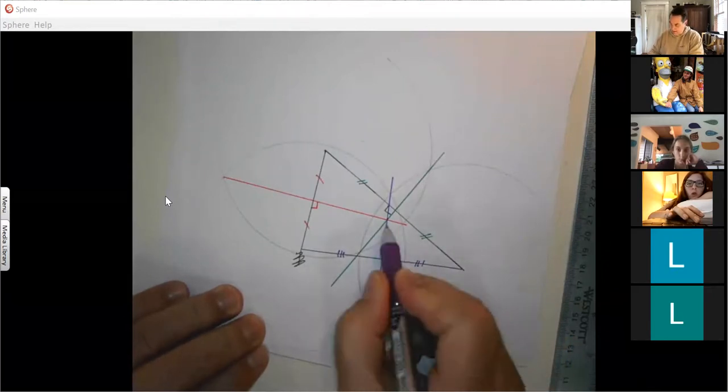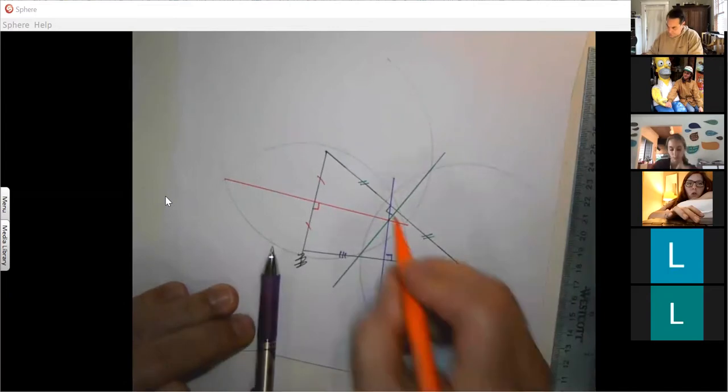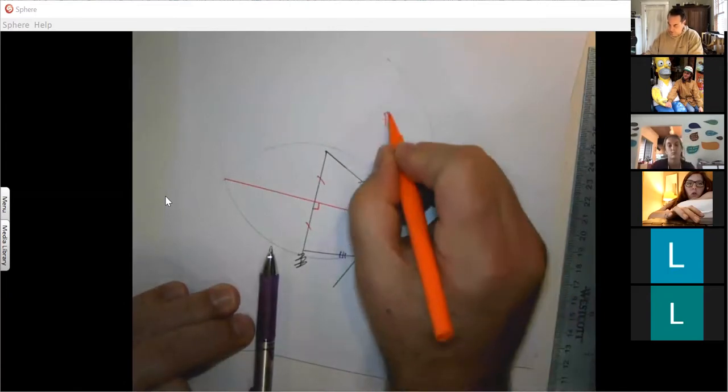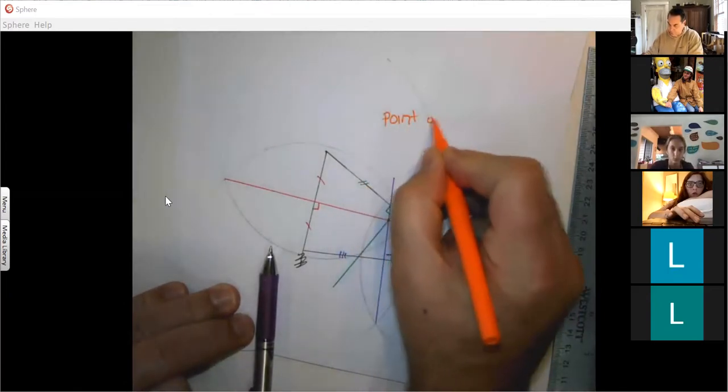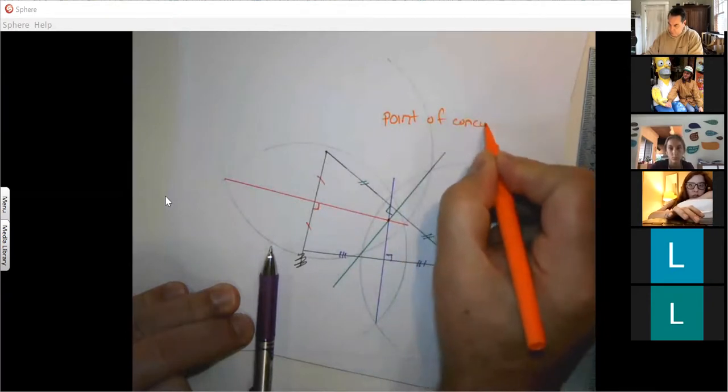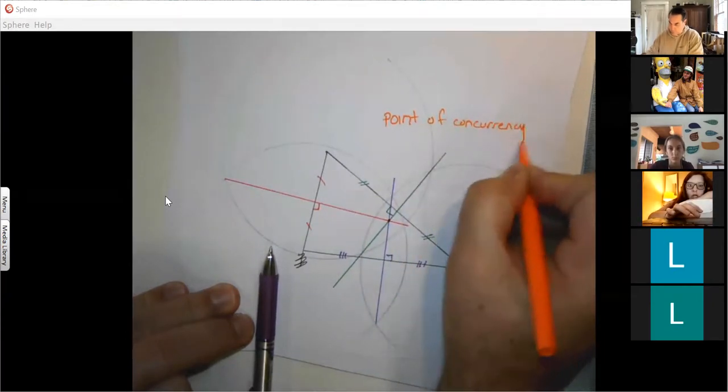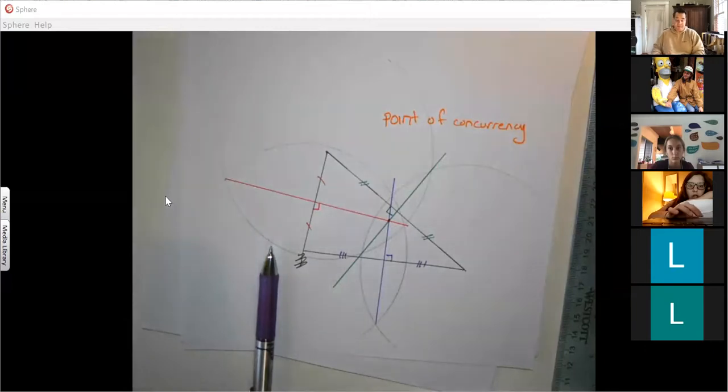Notice that they all meet at a single point. It's called a point of concurrency. And what it means is that they share a point.